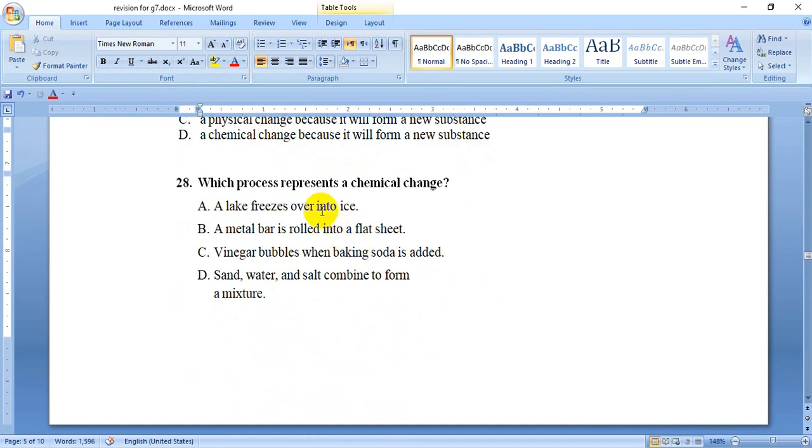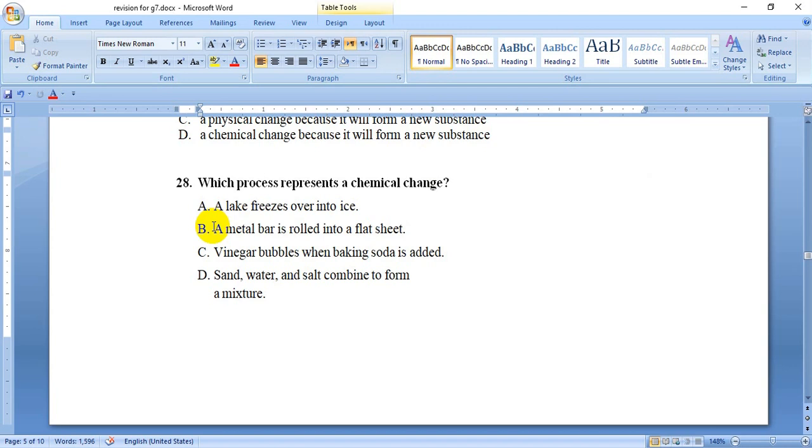28. Which process represents a chemical change? Which one of them is a chemical change? A chemical change, as we know, produces a new substance or changes the identity of the substance. So letter A, a lake freezes over into ice, or a metal bar is rolled into a flat sheet. We change the metal into a flat sheet, or vinegar bubbles when baking soda is added, or sand, water, and salt combine to form a mixture.